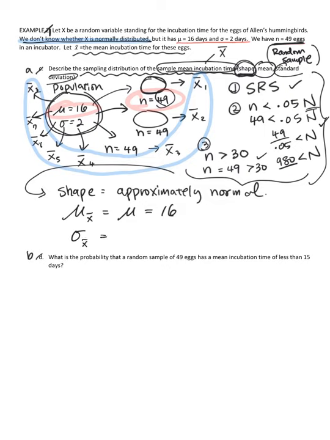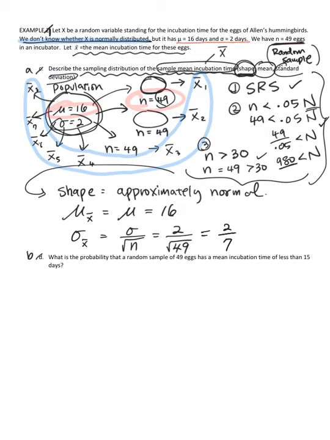They're talking about the standard deviation of the sampling distribution. So that's sigma over square root of n, which is 2, that's sigma right here, over square root of 49, which is 2 over 7.